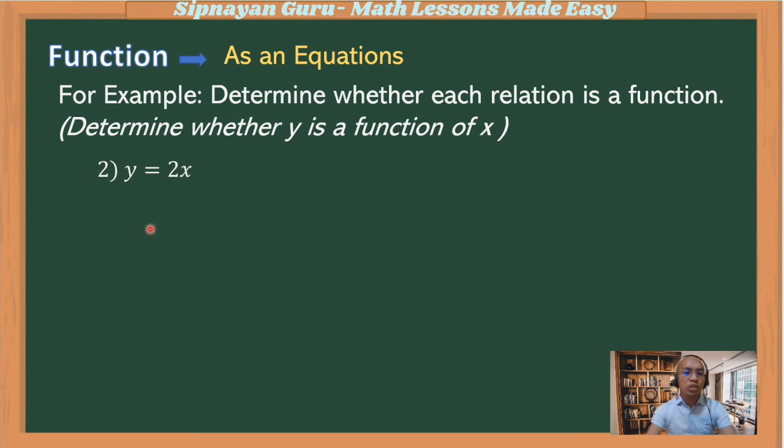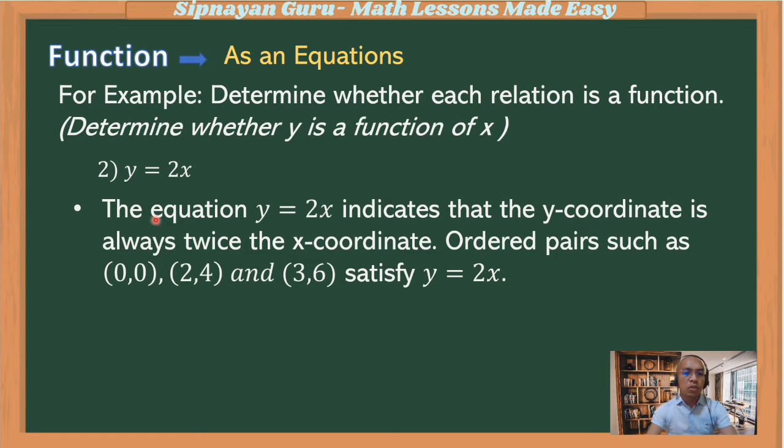For the second equation, y equals 2x. The equation y equals 2x indicates that the y coordinate is always twice the x coordinate. Ordered pairs such as (0, 0), (2, 4), (3, 6) satisfy the equation y equals 2x.